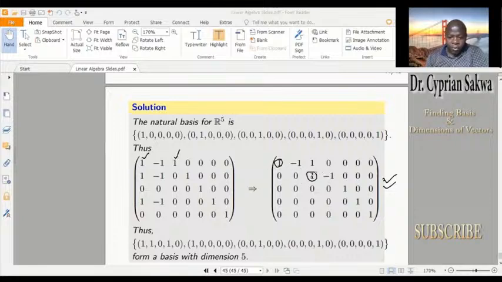Column 4 has no leading one, column 5 has a leading one, column 6 has a leading one, and column 7 has a leading one. So the original vectors, this vector, this, this, and that, form a basis for R5. You can see we have answered the question: we needed a basis that contains those two vectors.